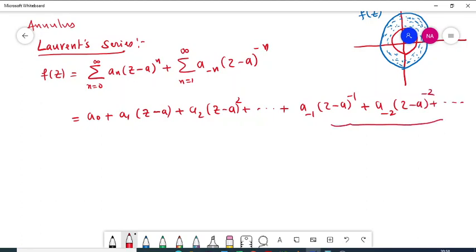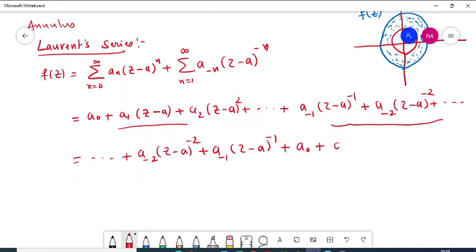Actually we need to write this first, then this one. If written that way, it will be like this: triple dot plus a minus 2 z minus a whole power minus 2 plus a minus 1 z minus a whole power minus 1 plus a naught plus a1 into z minus a plus a2 into z minus a whole square and so on.